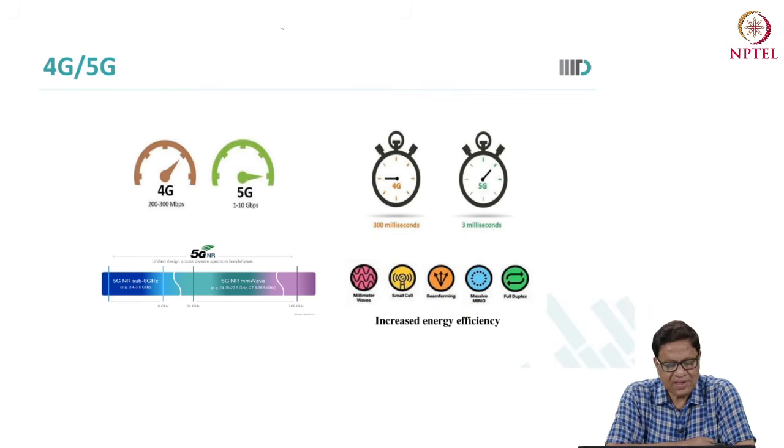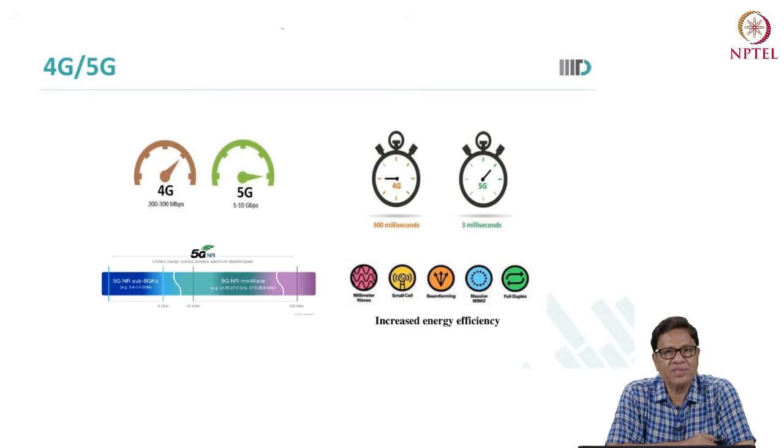So this is the very basic difference between 4G and 5G technology. For 4G, the data rate is about 200 to 300 megabits per second, whereas for 5G, it should be in excess of gigabits per second, going up to 10 gigabits per second. As far as end-to-end latency is concerned, 4G is 300 milliseconds, whereas 5G guarantees a few milliseconds, typically 3 milliseconds.